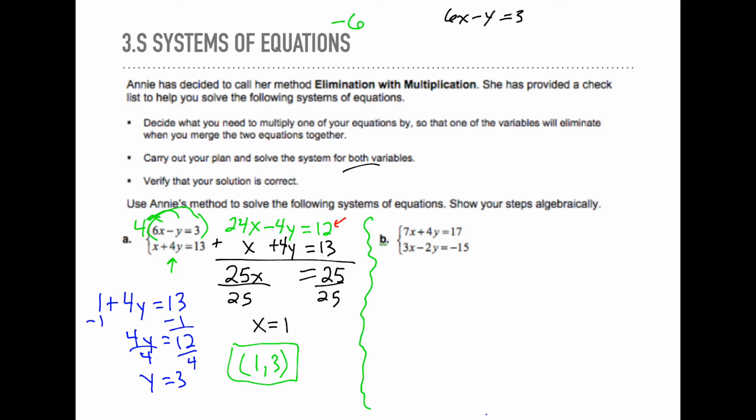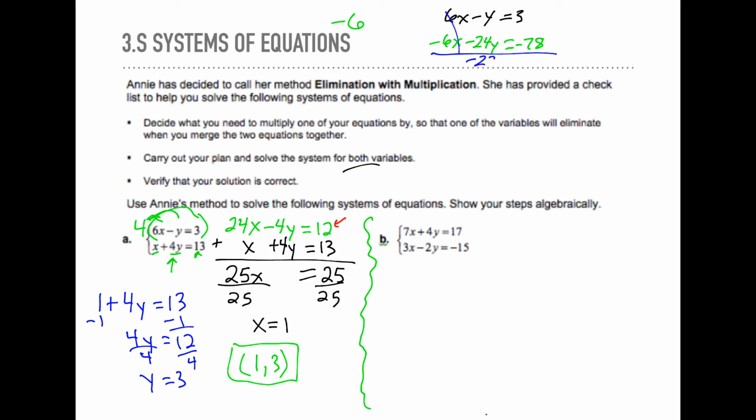So negative 6 times x is going to be a negative 6x, a negative 6 times a 4y is going to be a negative 24y, and a negative 6 times 13 will give me a negative 78. And then when I do my elimination step here, the x's are going to cancel.